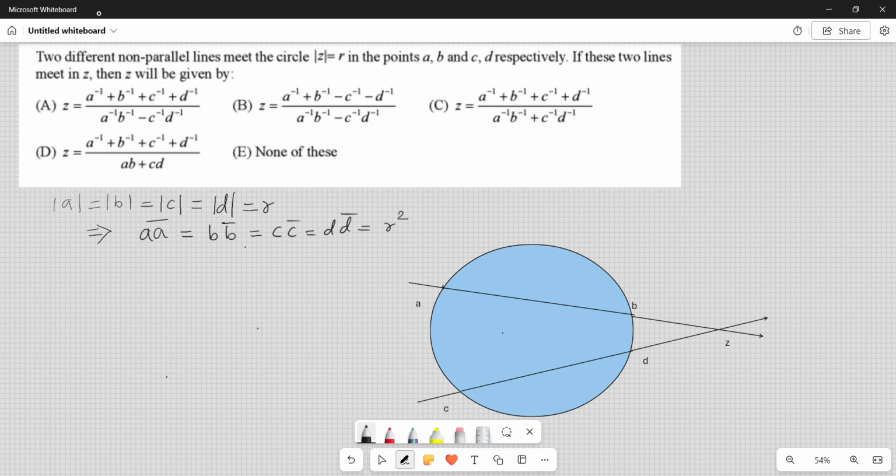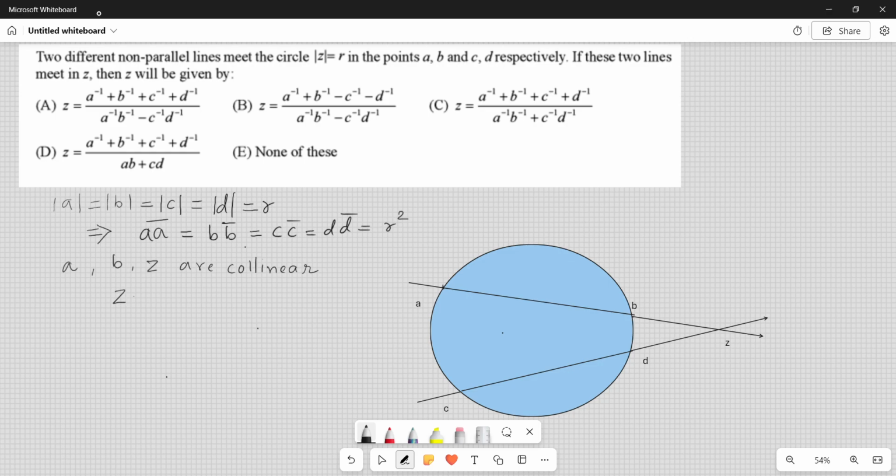So now what I can do from here, we are given that A, B and Z are collinear. They are collinear because they lie on the same straight line, right? There should be no doubt regarding this. A, B and Z lie on the same straight line, thereby they are collinear.